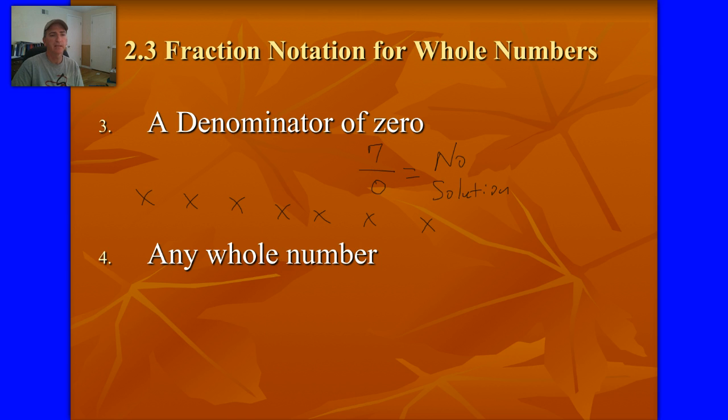Well, you can't. You can't take something that exists and divide it into groups of 0 and have something. You have to start with 0 for that to happen. So it's impossible. Do not say that that is equal to 0. Don't do that. That's not the answer. It's a sad face right there. This is not equal to 0. So any number divided by 0 is, in fact, no solution.